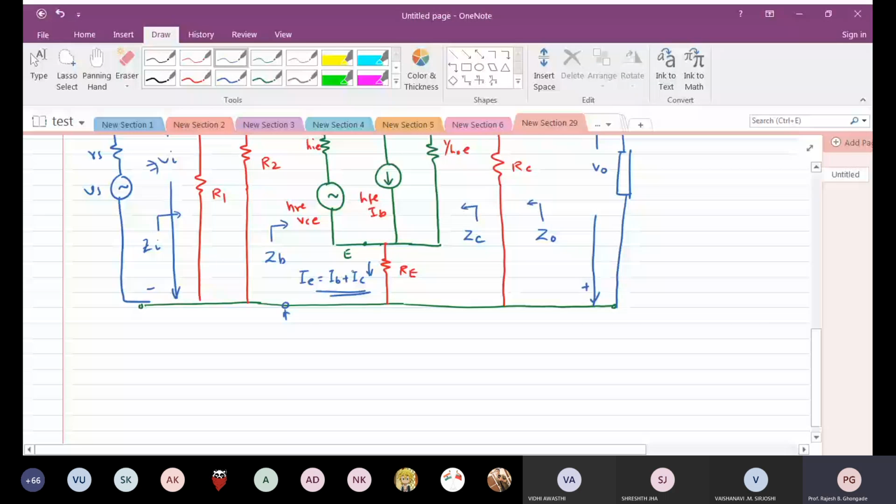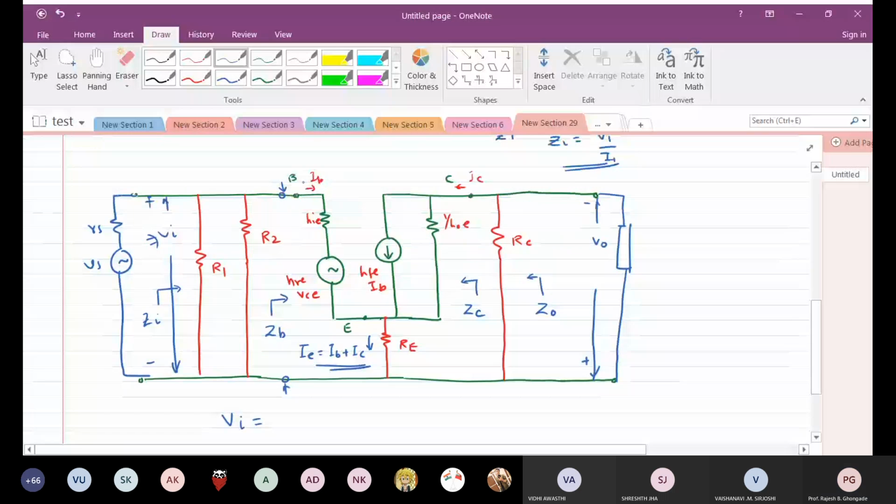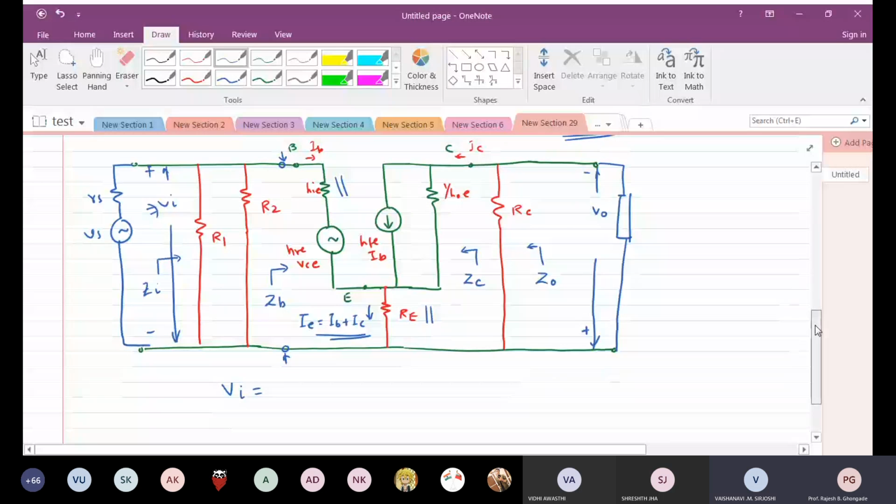So what is this VI? If I write an equation, VI is equal to, this is the base current IB. This VI gets distributed among this resistor and this resistor. So VI is nothing but whatever is the drop across this resistor plus drop across RE. Agreed? Can I write it like this?